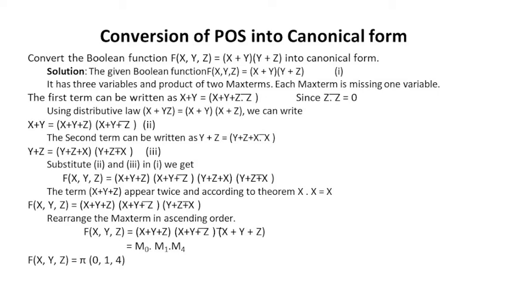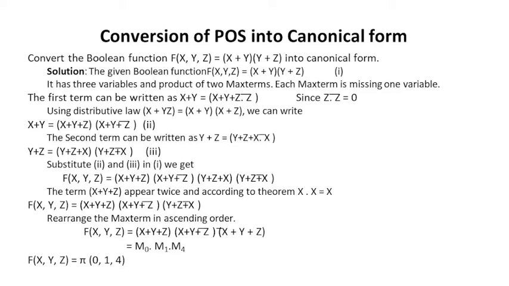So first we will make the first term into canonical form, that is x + y + the missing term that we have to add, z z bar, because z into z bar is 0. Adding 0 to any expression will not change the logic.